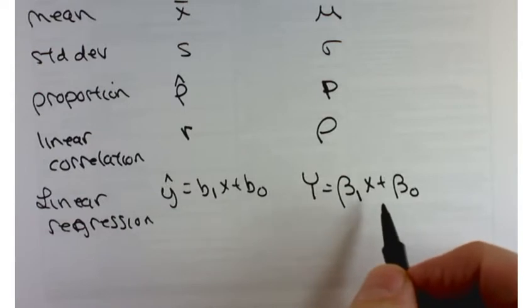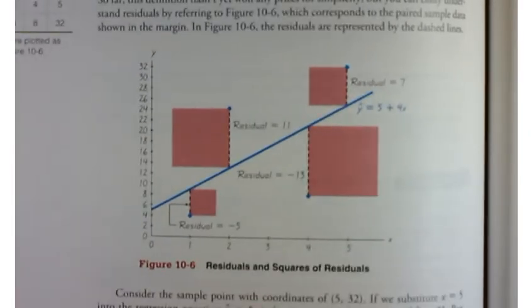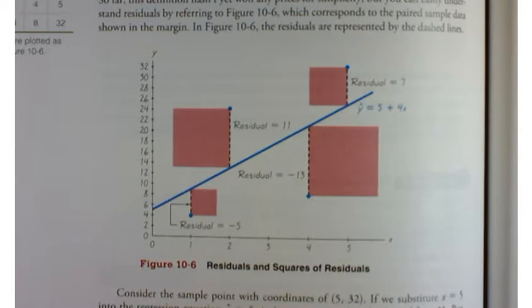Now, one thing that's hidden for us quite deeply is what motivated this discussion and how this came about. I believe the original person who came up with this method was Carl Friedrich Gauss, and he did it to improve his astronomical observations. The regression line comes about from what's called the method of least squares. What you're essentially trying to do is minimize the square of this distance, the distance between your line and your observation.